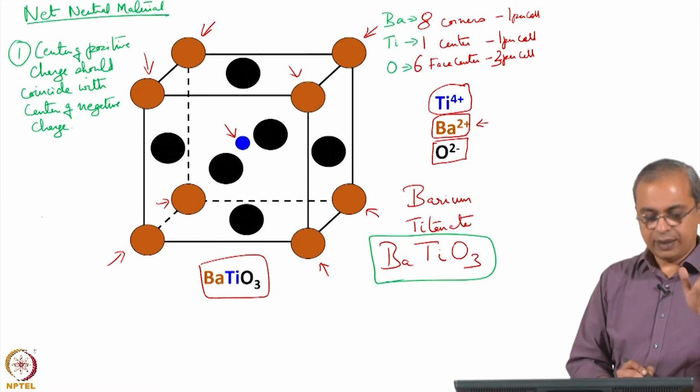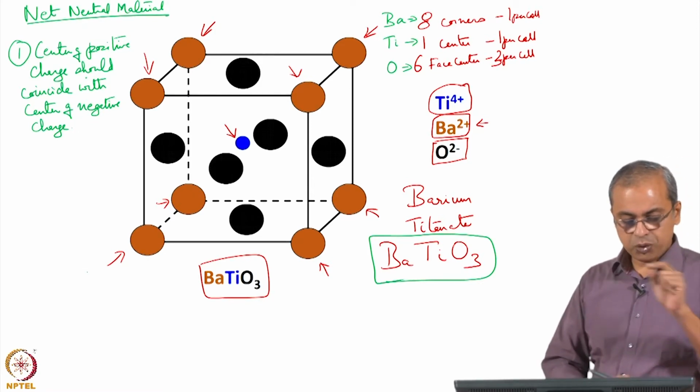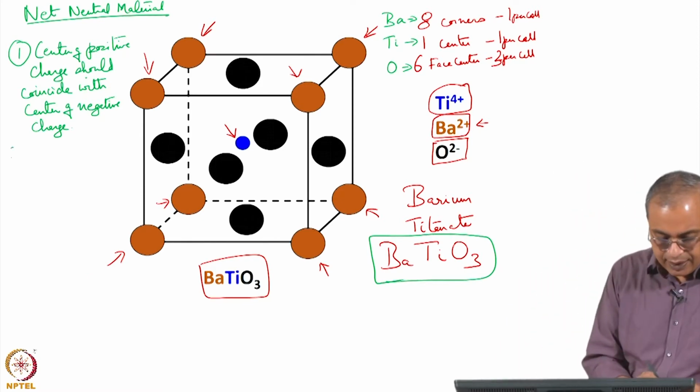So, center of positive charge should coincide with the center of negative charge, and magnitude of positive charge should coincide with magnitude of negative charge.